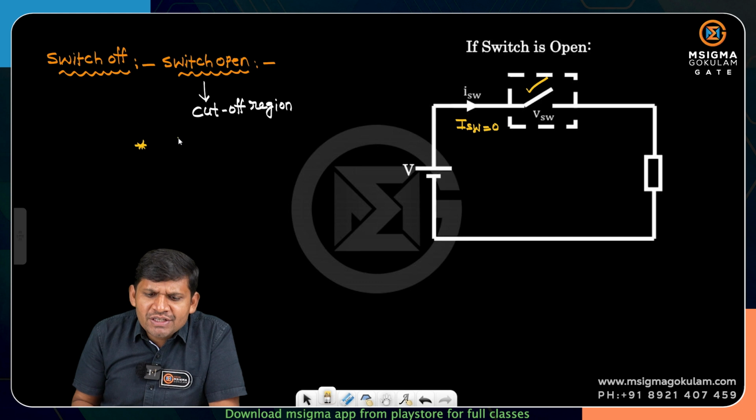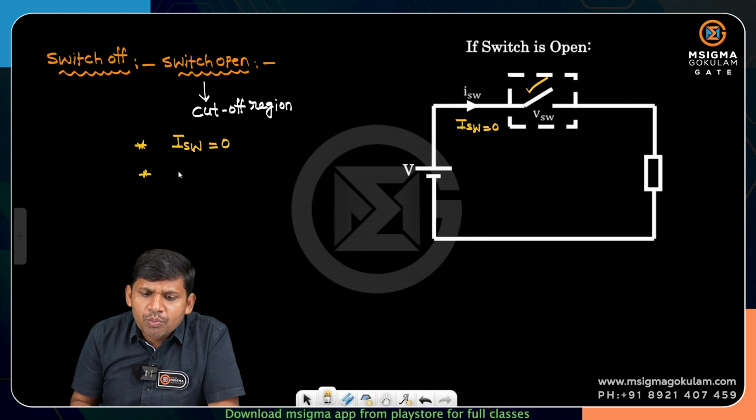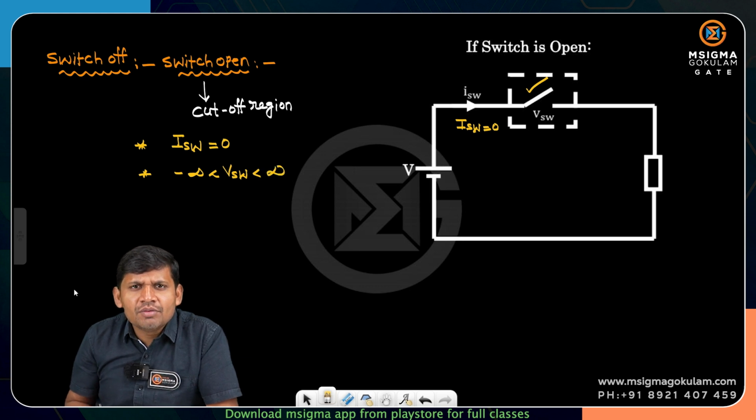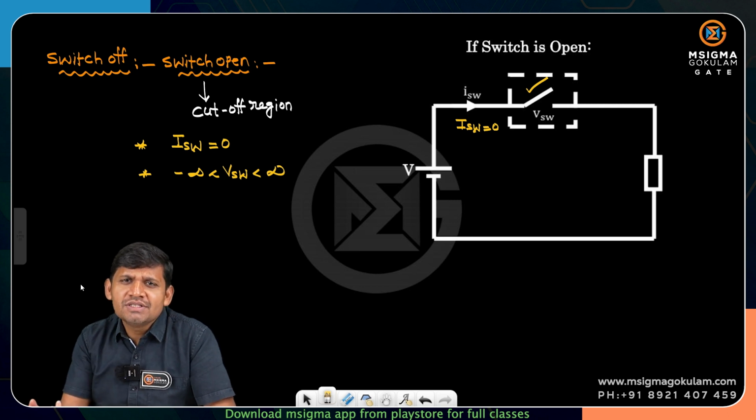That is, if the switch is open, the current through the switch is equal to 0, students. And what about the voltage? It blocks any voltage from minus infinity to plus infinity. Current is 0, but voltage exists. What is the power loss? 0.